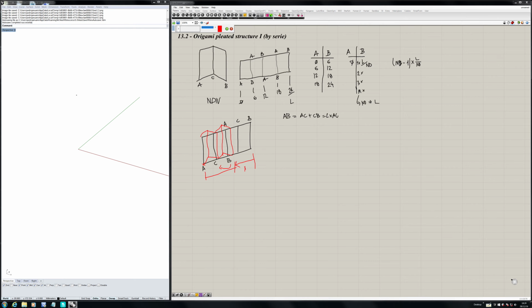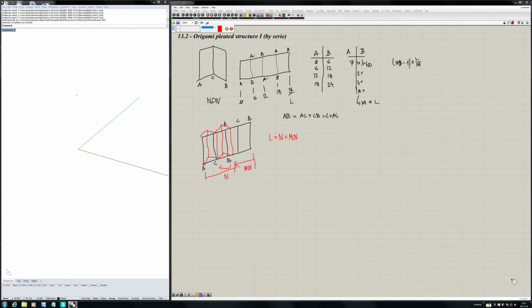Here is my move, and here I'm going to call it N, that is the remaining part. So L, the length, is going to be N plus the movement.